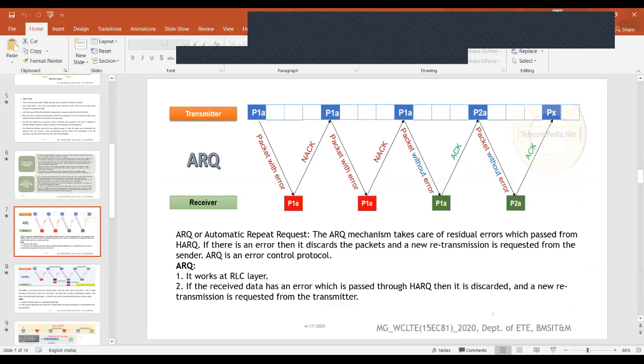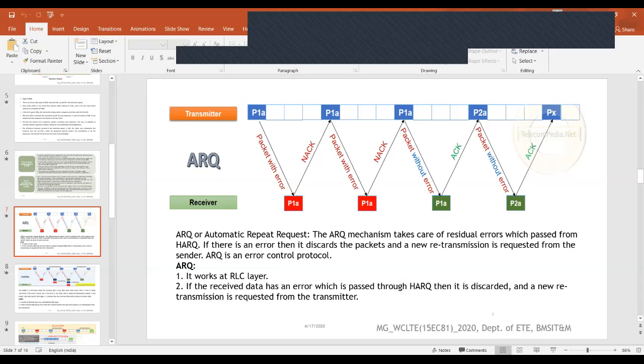Packet one will be sent. The receiver receives that packet with error. Then it sends a negative acknowledgement. Then again, the transmitter will retransmit the same packet. Even the second time it receives with error, and it sends the negative acknowledgement to the transmitter. So next time it transmits the same packet.